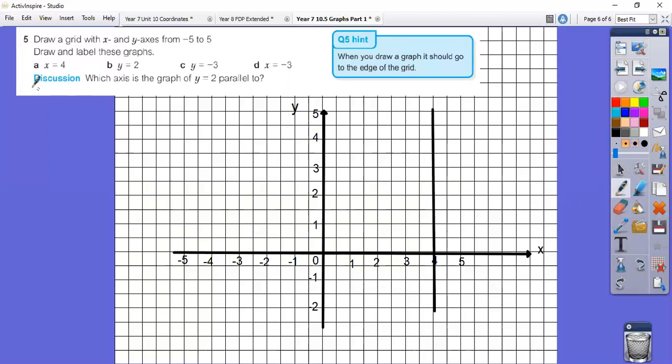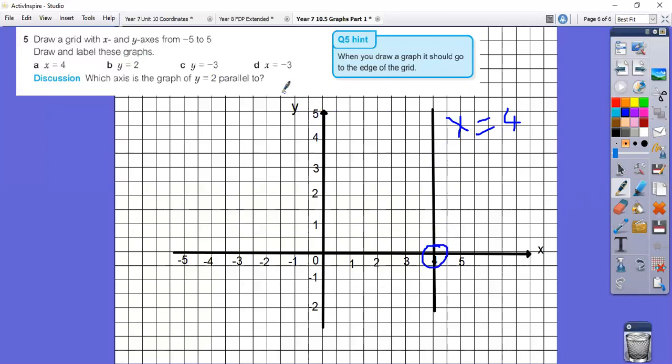So for this line, this is x equals 4. Remember, it runs parallel to the y-axis. Even though it runs parallel to the y-axis, its equation is x equals 4 because wherever I pick a point on this line, the x coordinate will always be equal to 4.